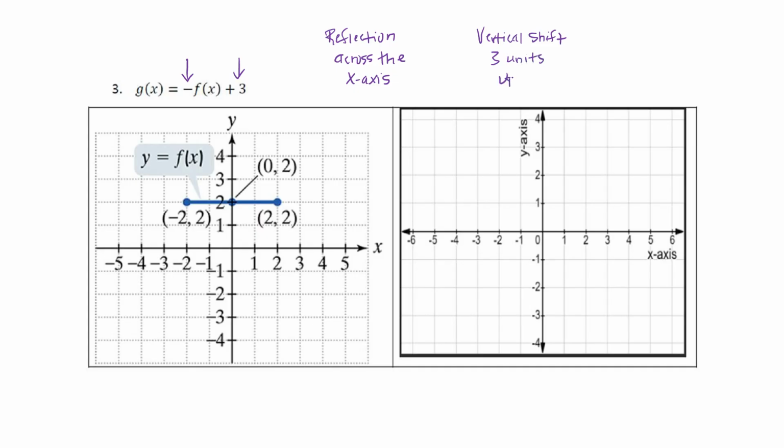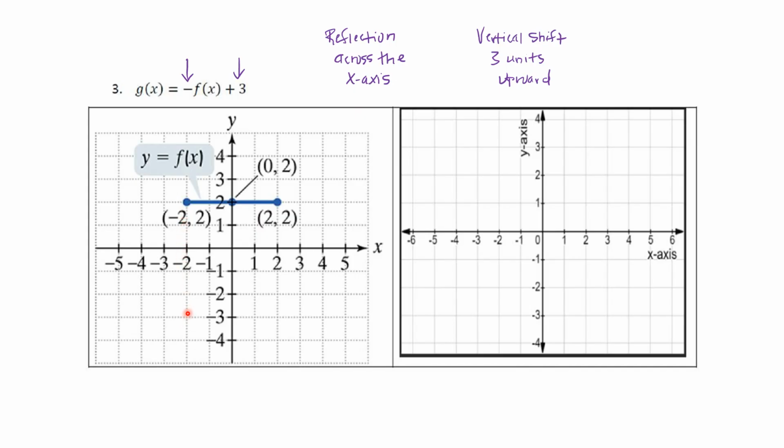Okay, so let's take our first point, -2, 2. We have a reflection across the x-axis. So if we're reflecting across the x-axis, we are going to take this point, -2, 2, and move it to the bottom part of the x-axis. So what's changing?